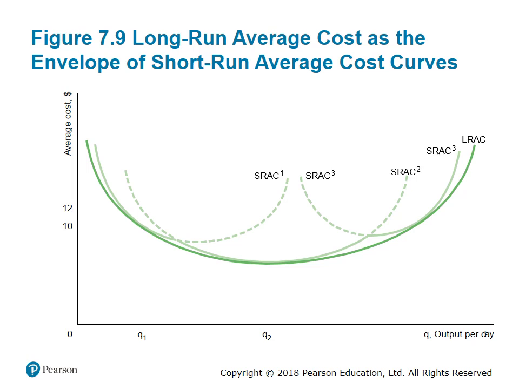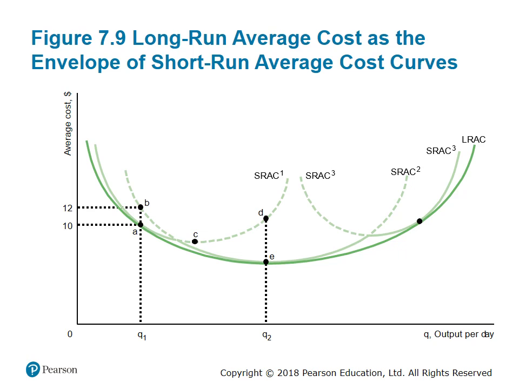The limitations of the firm's short-run choices can be seen here. If the firm wants to produce Q1 units of output, and if it has set up the smallest plant size, its average cost is at point A on short-run average cost curve 1, showing that its average cost is $10 per unit.